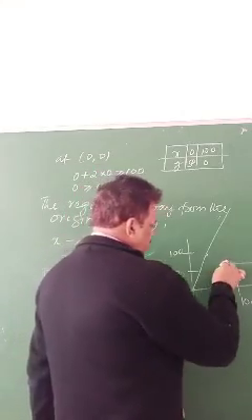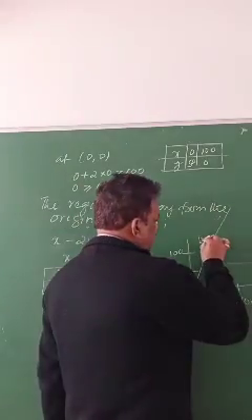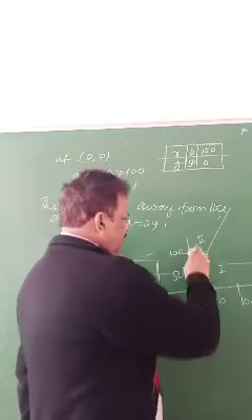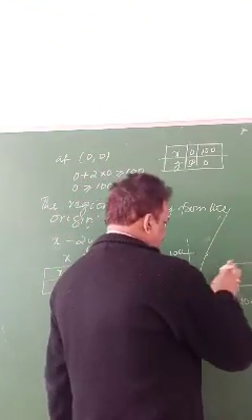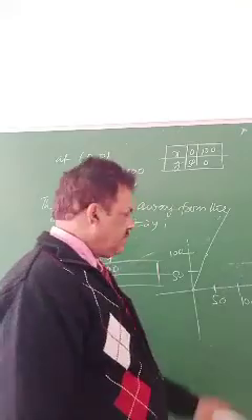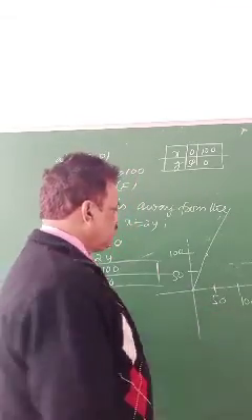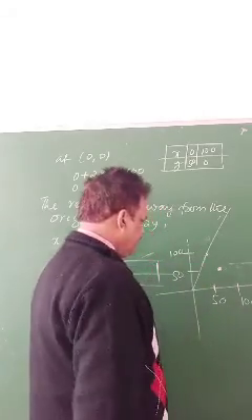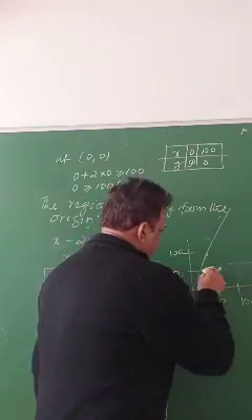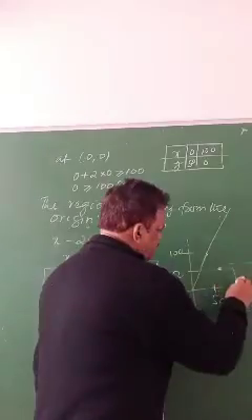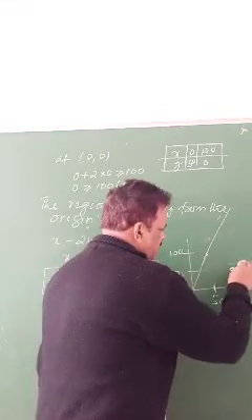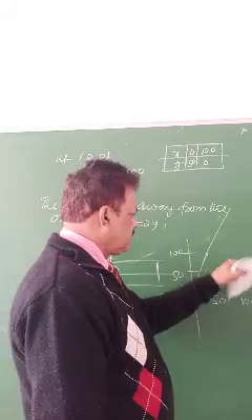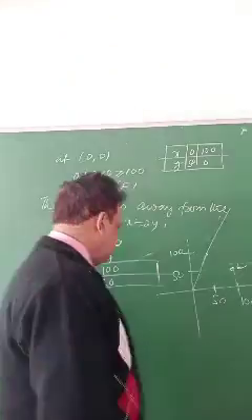So we have to select whether it is region 1 or region 2. Which one do you have to take here? We don't know. So what we will do is test a point here. The line passes through origin, so we have to test a point. Pick up any point here, like 50, 100. If I go 50, 100, this is a point. So I have taken a point in this region, 50, 100.